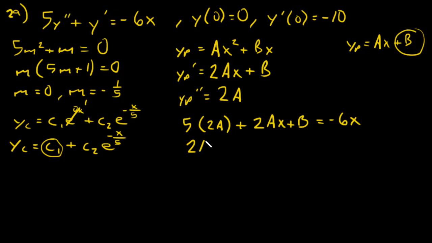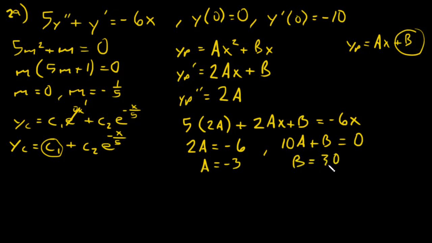I'm going to get 2a equals negative 6, and 10a plus b equals 0. So a, if I solve out, is equal to negative 3. Plug a negative 3 here, I get negative 30. Swing it over. b is equal to positive 30. Okay, so that means my y sub p is equal to negative 3x squared plus 30x.